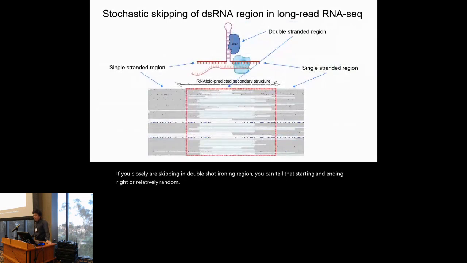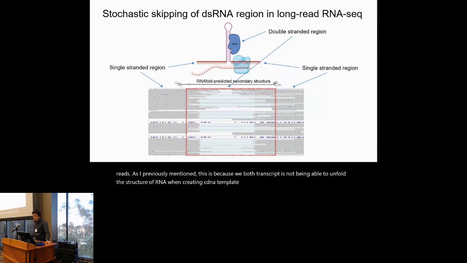Single-stranded region is transcribed consistently across reads. However, regions that are structured with double strands, shown in red box, have skipping that are not consistent across reads. As I previously mentioned, this is because reverse transcriptase is not able to unfold the structure of RNA when creating the cDNA template.